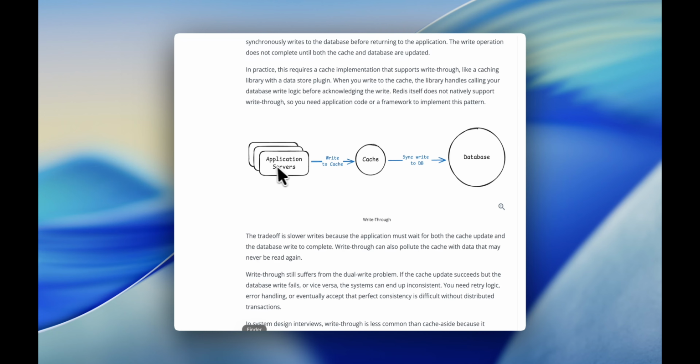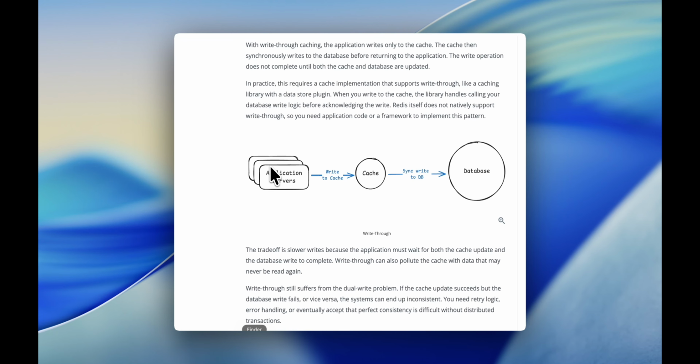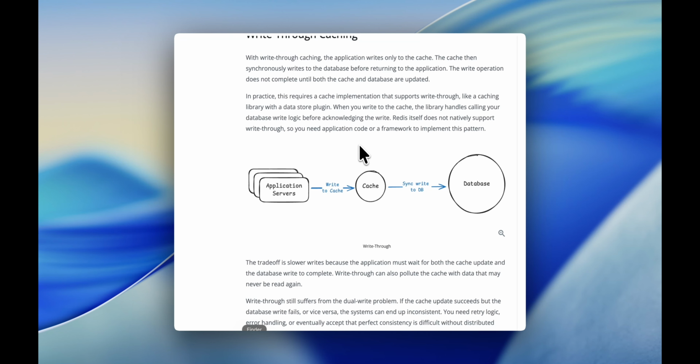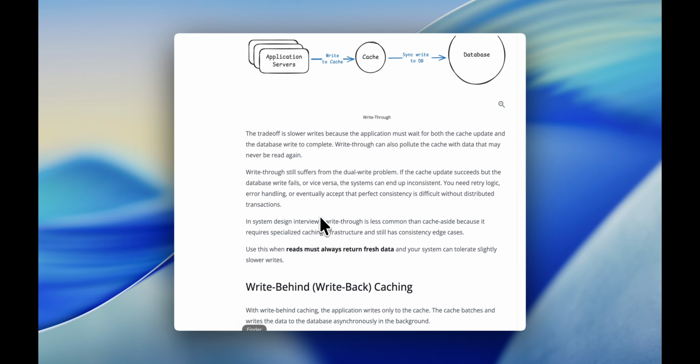With this, you should also know that the write operation, let's suppose you are writing something to the database, won't be completed unless your cache is also updated. So if that part is not updated, the data won't be written to your database. And this trade-off is slower because the application must wait for both the cache update and database write to complete.